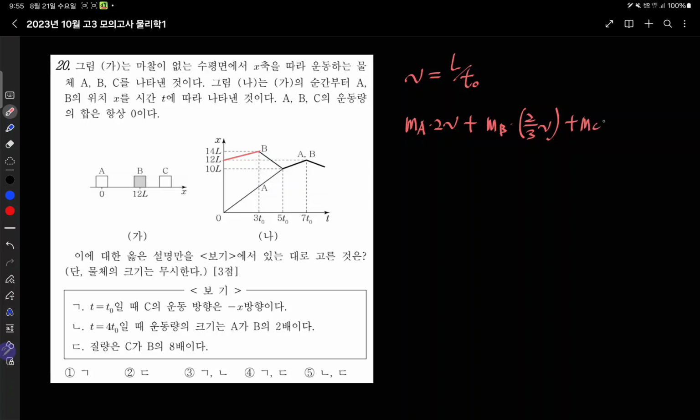That's mass of C times, because we don't know the speed of C before the collision, let's say that's Vc. And because the sum of the momentum is 0, this should be 0.